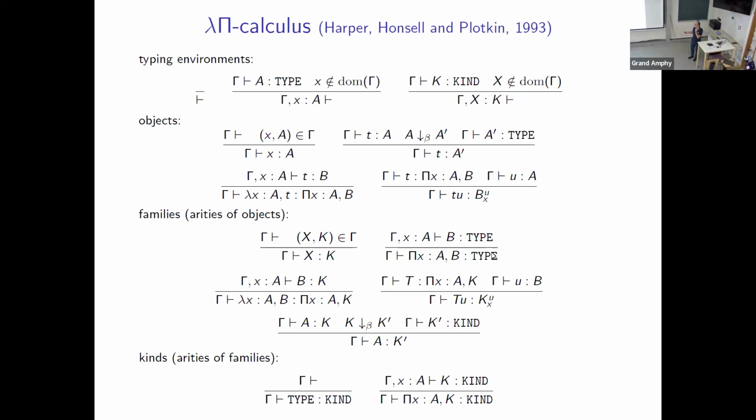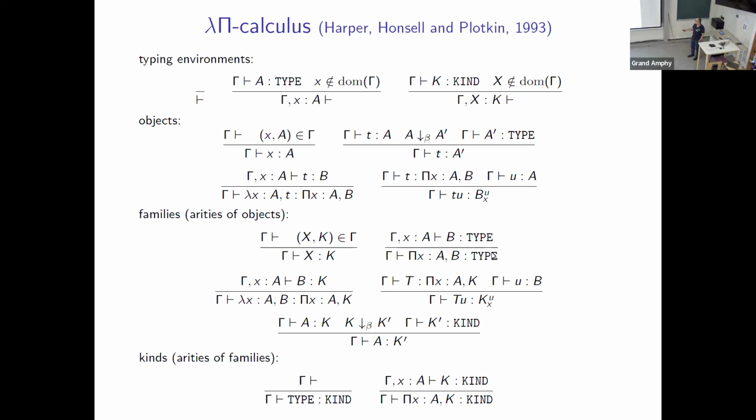You remember there are typing rules for typing environments, for objects, for families. And families are the arities of objects, and for kinds, which are the arities of families. Okay, so you have this hierarchy. At the bottom, you have objects, and then families, and then kinds.